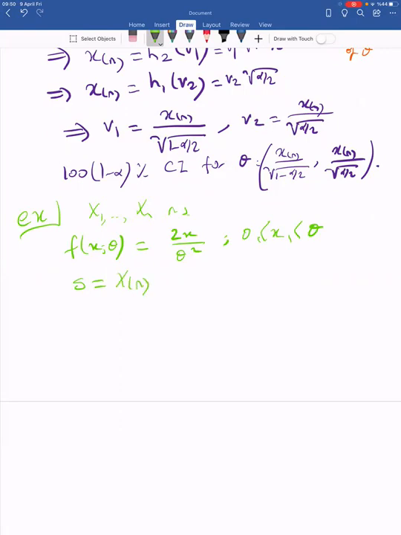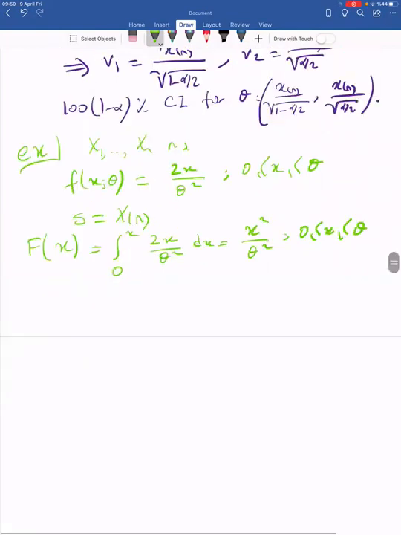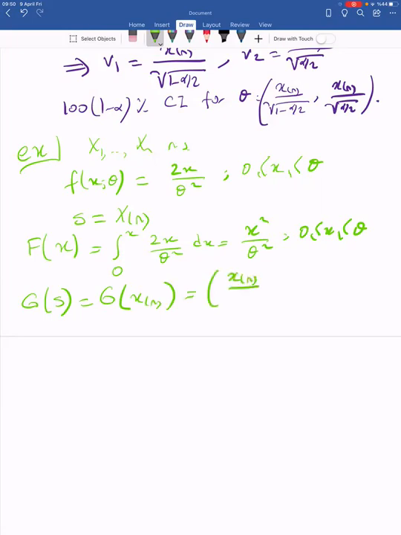So let's find the distribution function. First, from 0 to x, the integral of 2x over theta squared dx. So we have x squared over theta squared. Then G_S, which is G of X_(n), will be just the nth power of the CDF.